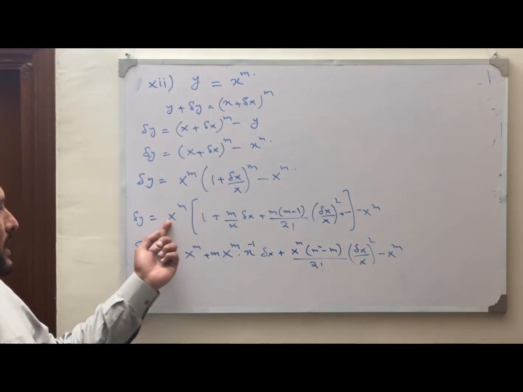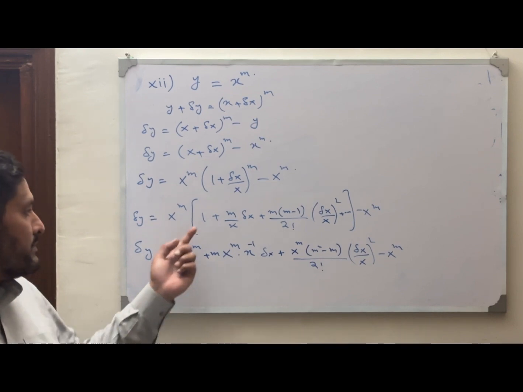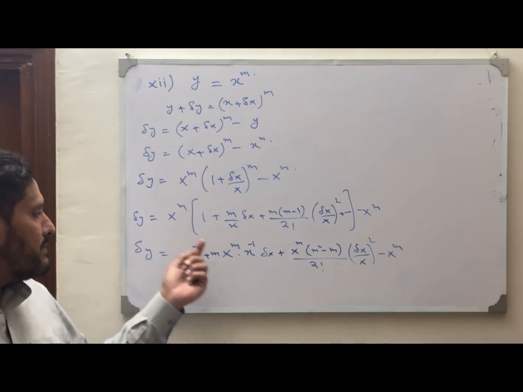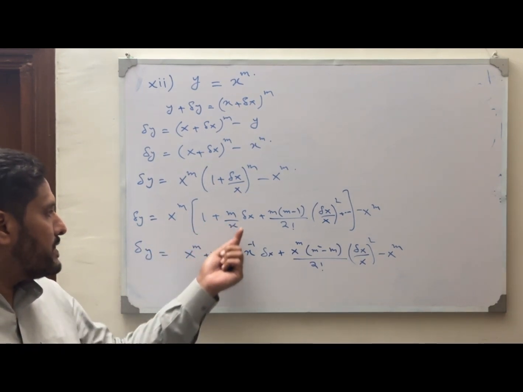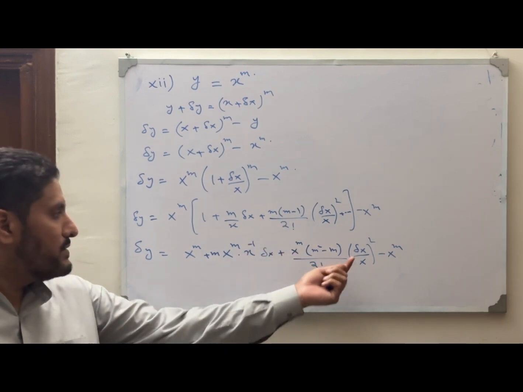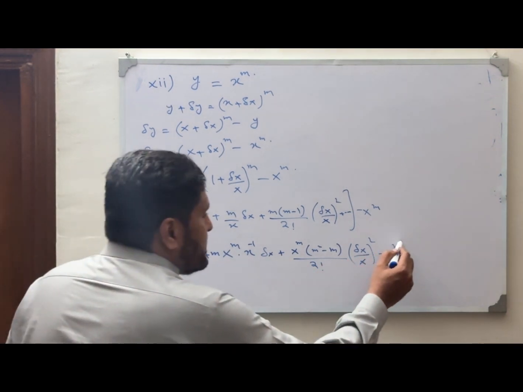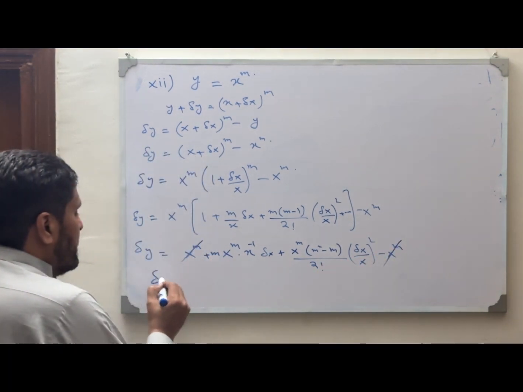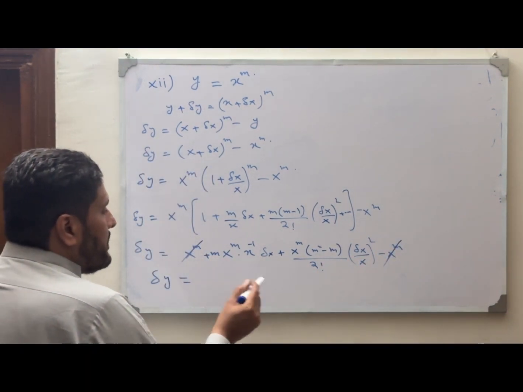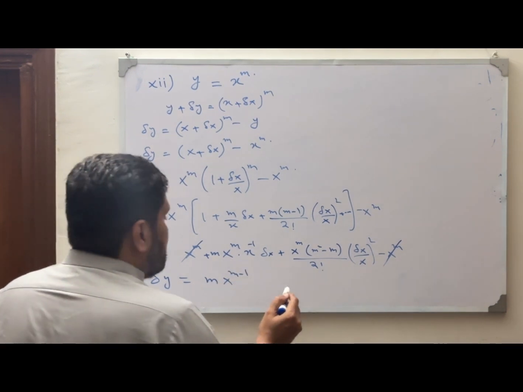So here I have multiplied x power m with 1, that will be x power m plus x power m into x power minus 1 into delta x, and for the last term x power m into this whole term into delta x by x whole square. So this x power m will be cancelled by minus x power m, and our delta y is equal to m x power m minus 1.